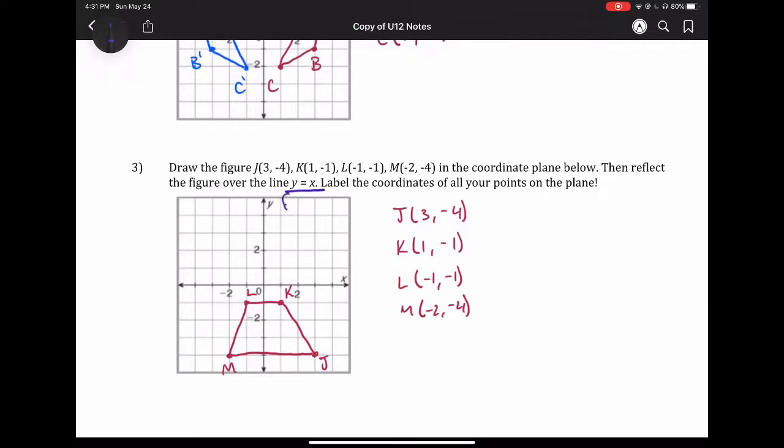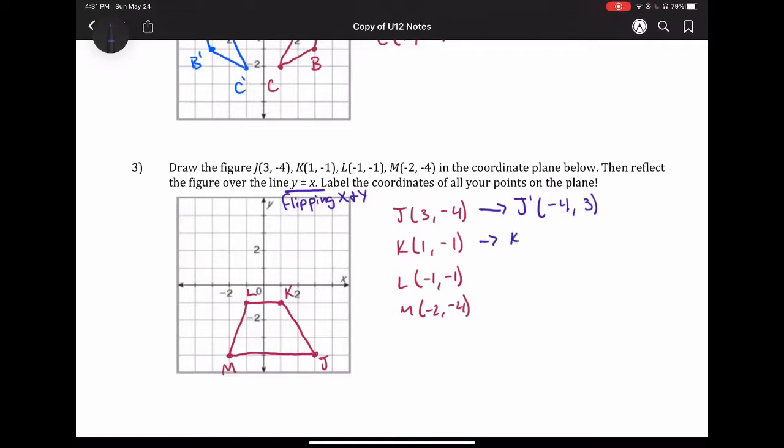That means that we are flipping, or swapping, x and y. So to get my new J, first I put my y coordinate. I had negative 4 as my y, so that's my new x. I had 3 as my x, so that's my new y.